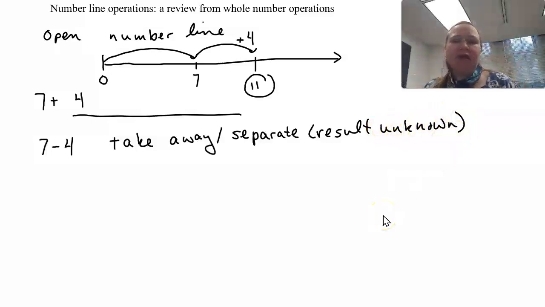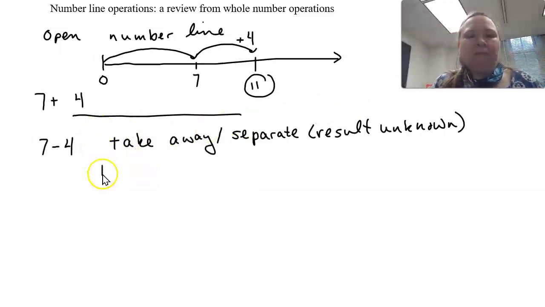If you do not recognize that term, separate result unknown, maybe you did Math 246 somewhere else that used different vocabulary, would you please shoot me an email so that I can give you some more resources so you have the same vocabulary that we're using in this class. So a separate result unknown problem would say I have 7 apples and I give 4 of them to my friend. How many do I have left? So I am separating some of the amount out.